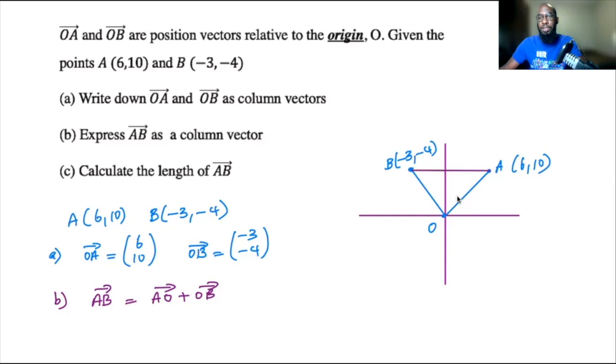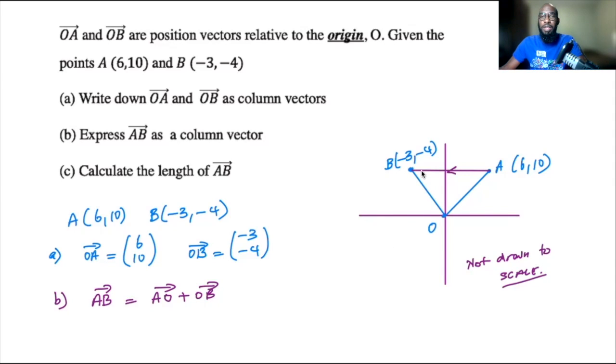This is just an illustration of how the diagram may look. It's not drawn to scale because I don't have a grid. If they ask what is AB, AB simply means AO plus OB. Just put that note there.